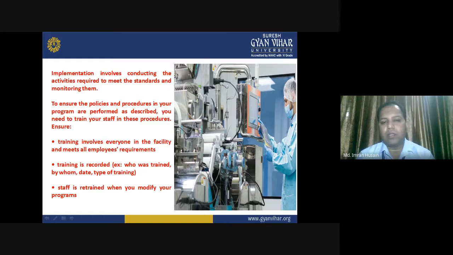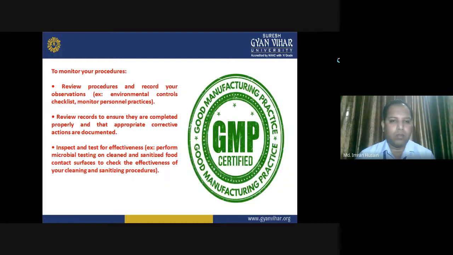And every time new machinery is involved or any sort of amendment in the system or in the rules and regulations appears, then retraining is always required by the company or industry to make sure that its employees are up to the mark.